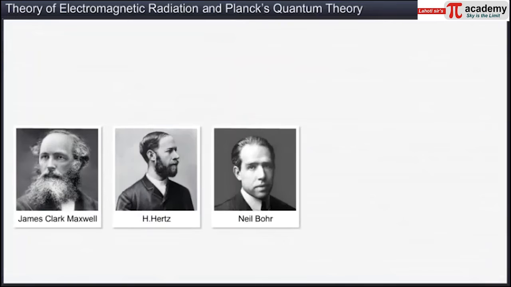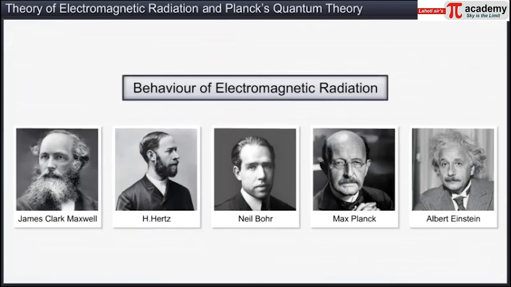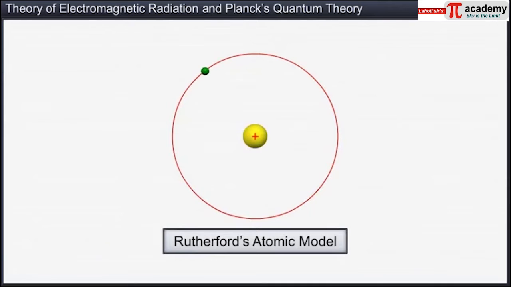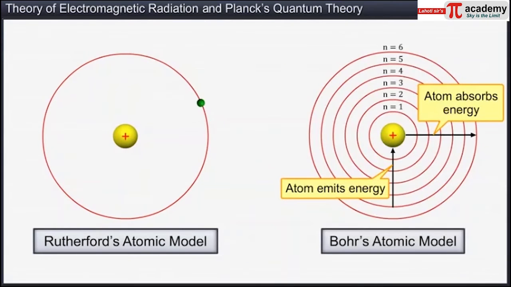These drawbacks inspired several scientists to revisit the historical results about the behavior of electromagnetic radiation and its interaction with matter in order to improve Rutherford's atomic model. The improved outcome of Rutherford's atomic model is Bohr's atomic model.